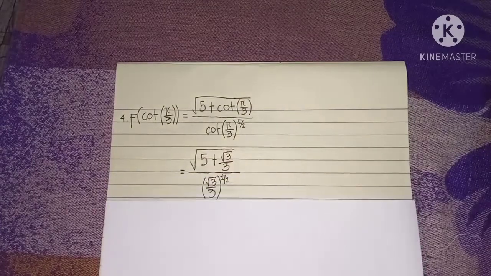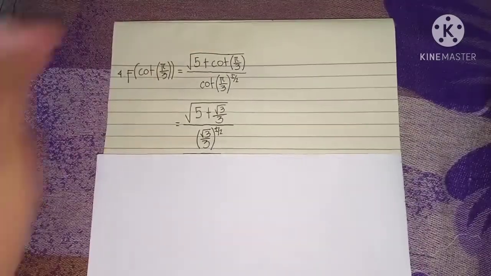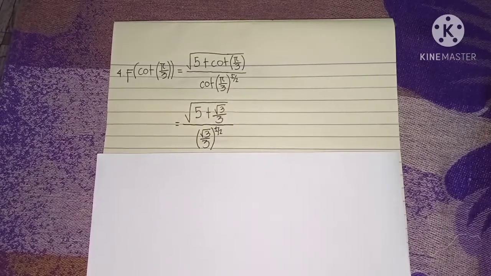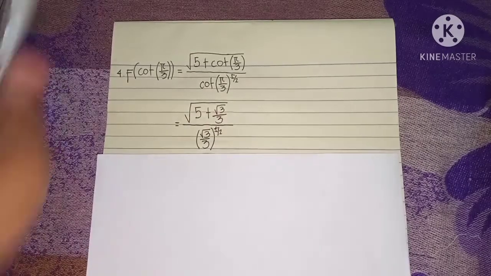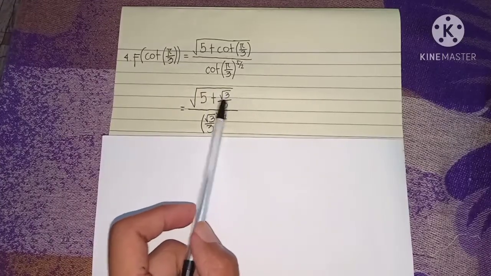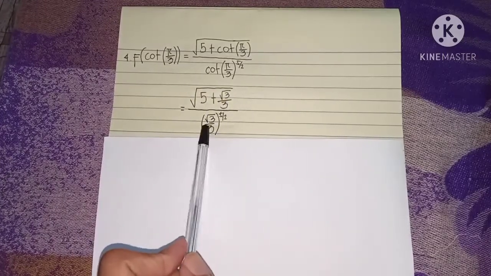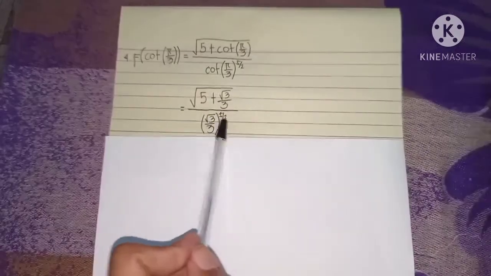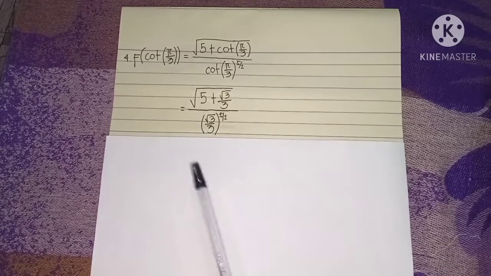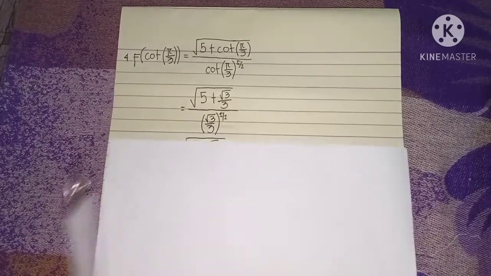And then in the trigonometric values table, cotangent of pi over 3 equals square root of 3 over 3. So we will derive it to square root of 3 over 3. And here it is: square root of 5 plus square root of 3 over 3 over square root of 3 over 3, quantity raised to the power of 5/2.